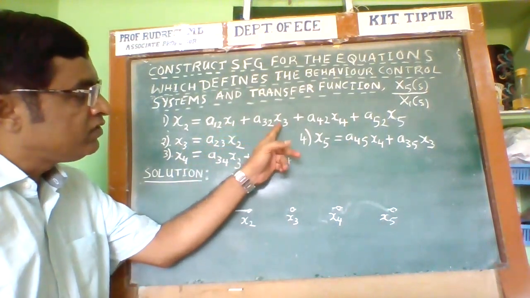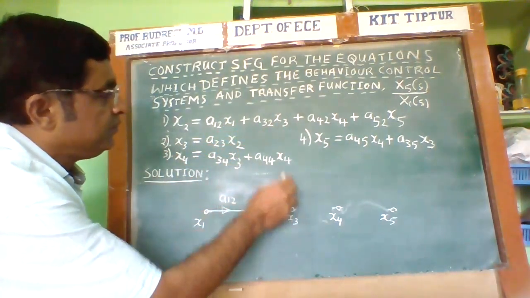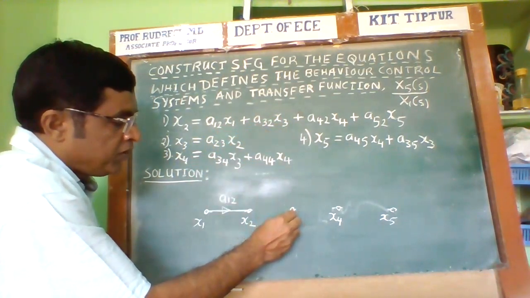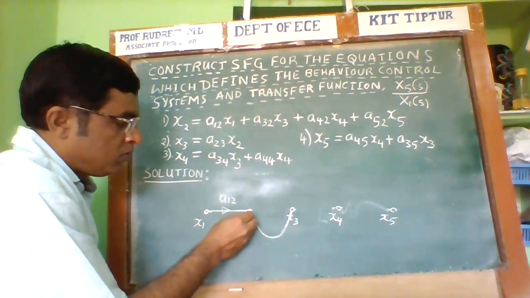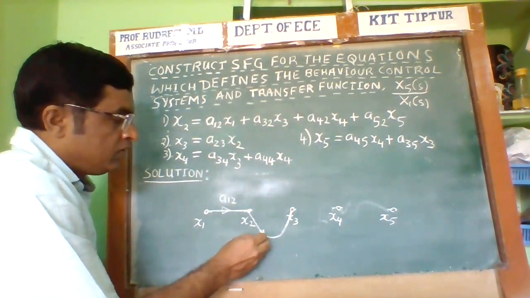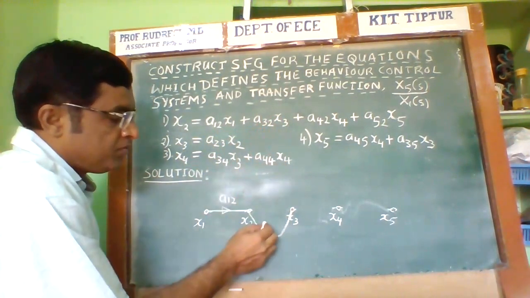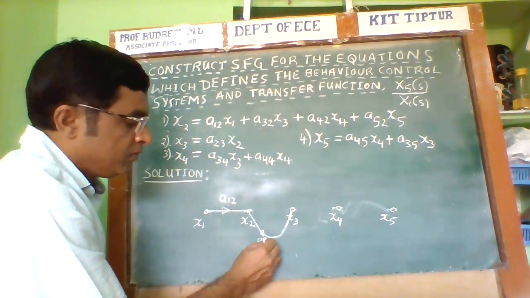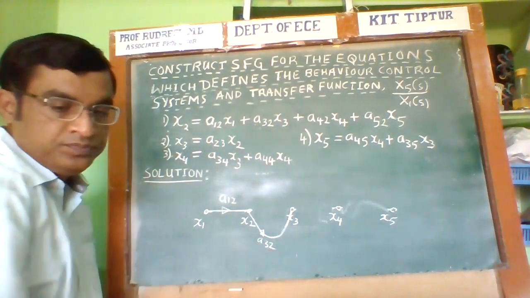Similarly, there is a feedback signal from the node x3. The gain of this particular branch is A32.